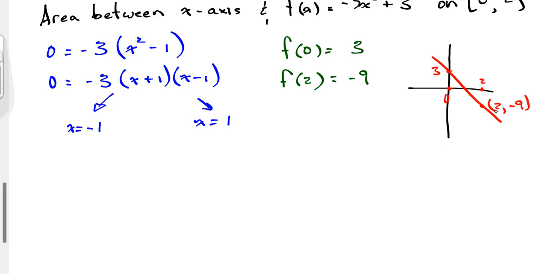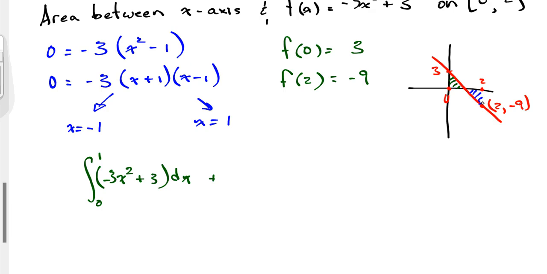So what I'll do is I'll find, well, what's this area? That's the easy part. So I'll do the integral from 0 up to 1 of my function, which is negative 3x squared plus 3 dx. Good. And I'm going to add on to that blue, this area that's there.